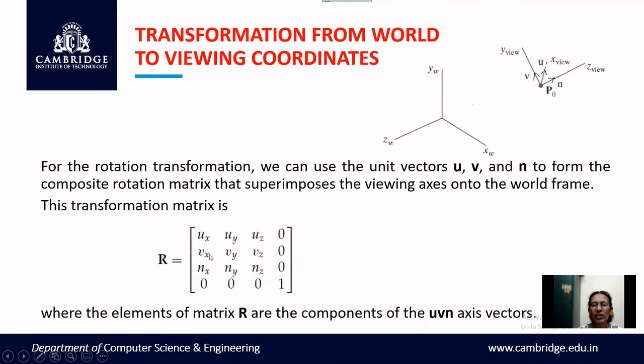In the same way, vx, vy, vz are the x, y, and z components of the v vector with respect to the world coordinates. nx, ny, nz are the x, y, z components of the normal vector with respect to the world coordinates.